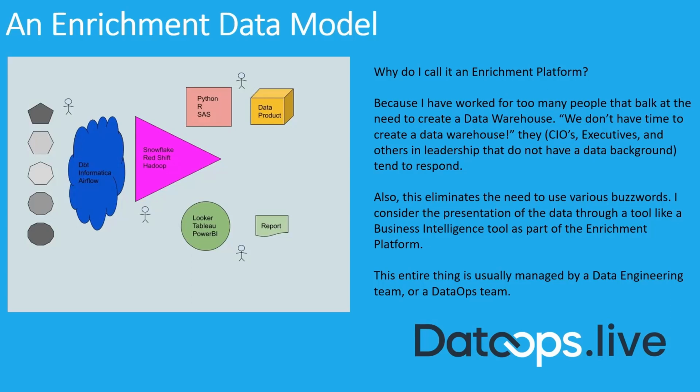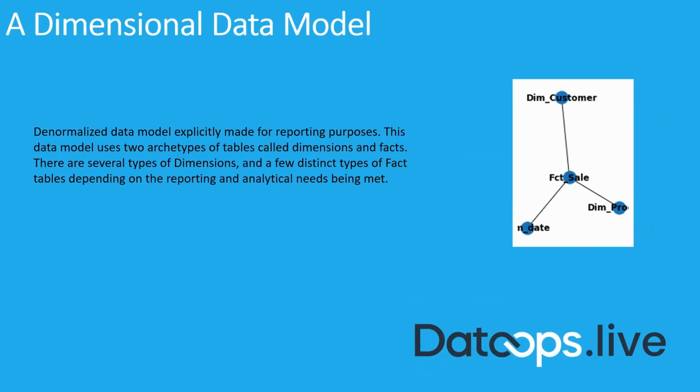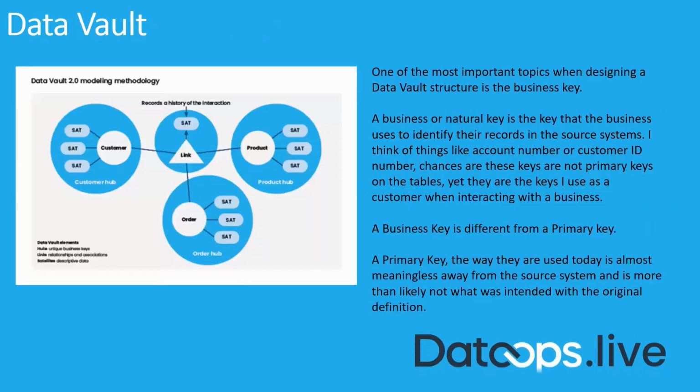So this is just a very generic picture of what an enrichment data model is going to look like. A dimensional data model, we all love these because they're great from a performance perspective when it comes to representing data. There's really only two types of tables there, the dimensions and the fact, and we'll revisit that in a moment.